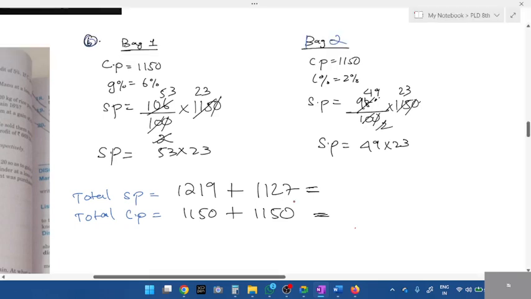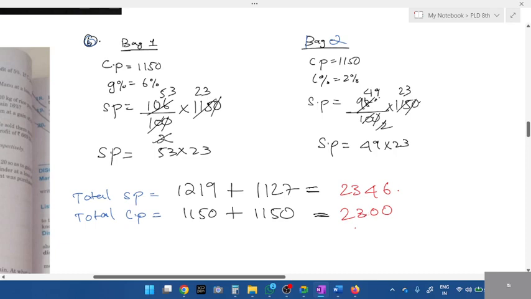What's total selling price? What did you get? 2346. Total cost price? 300. Profit or loss? Why loss?